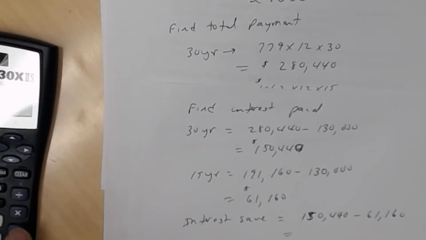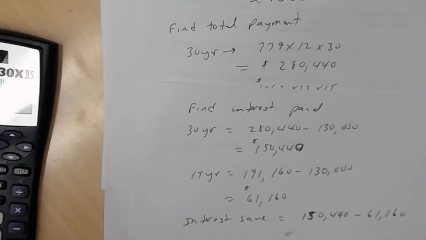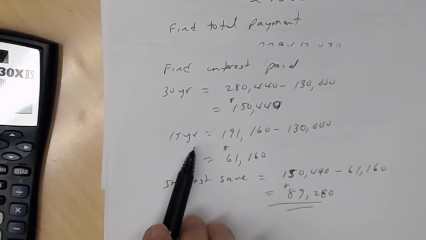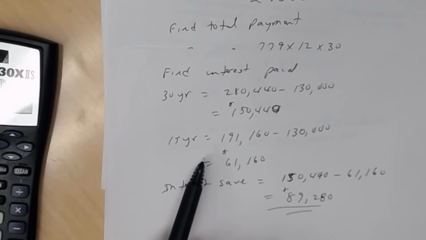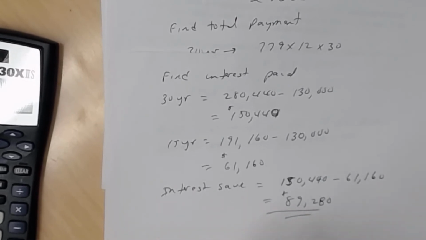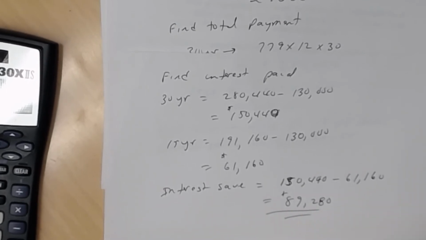And so I get $89,280. So that's how much interest you will have saved by going with the more economical one, which is the 15-year one. So when all things are said and done, doing the 15-year loan saves you a lot of interest than a 30-year loan. Okay, so that was number 3.